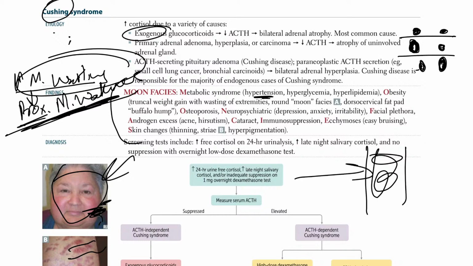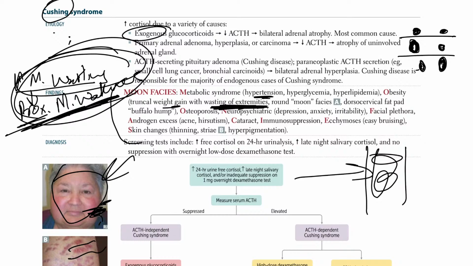That is why you have thin extremities. Where did they mention thin extremities? Obesity, truncal weight gain, here you go, wasting of extremities, thin extremities. That is the reason why you have thin extremities, because you are losing the muscle. And not only will you have thin extremities, but the most important thing is, in the question stem, they're not going to say thin extremities.